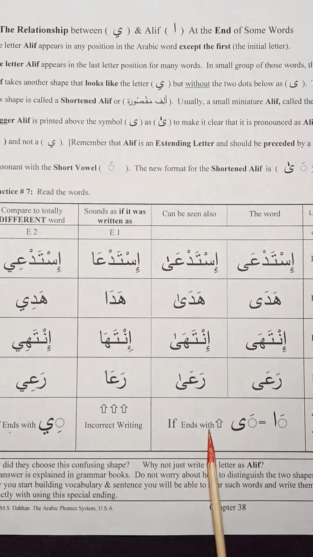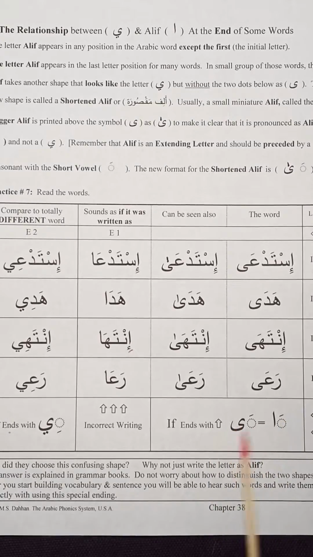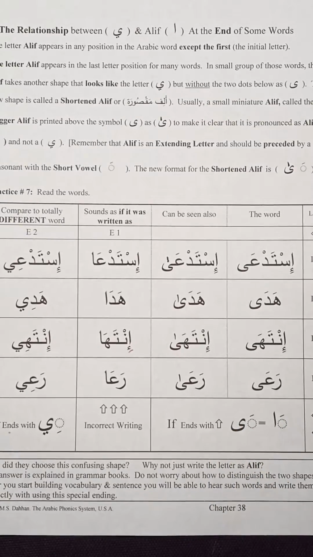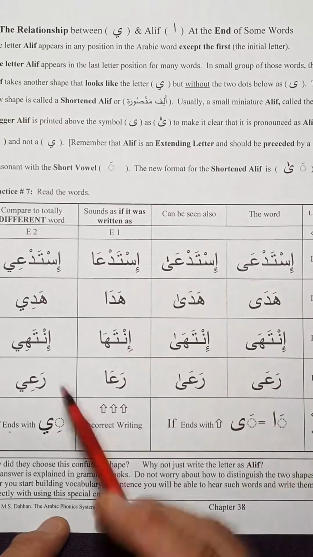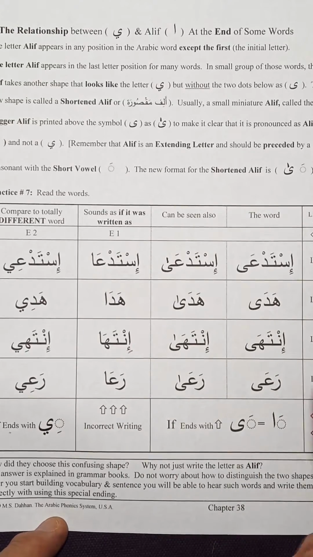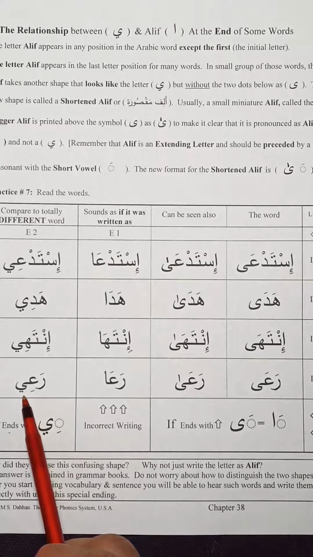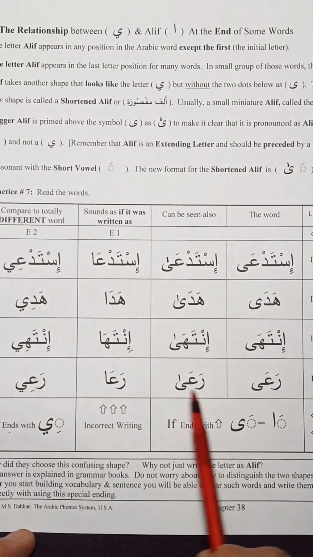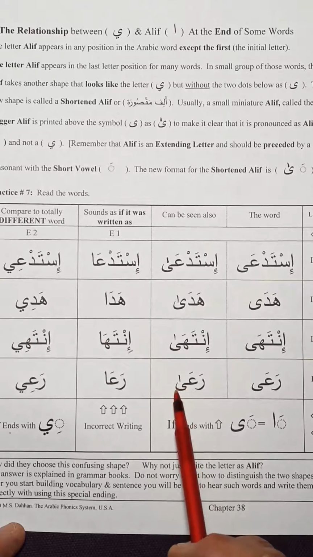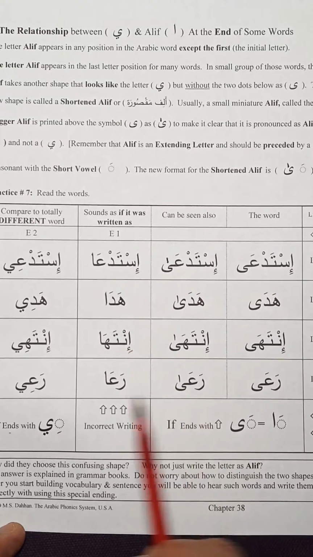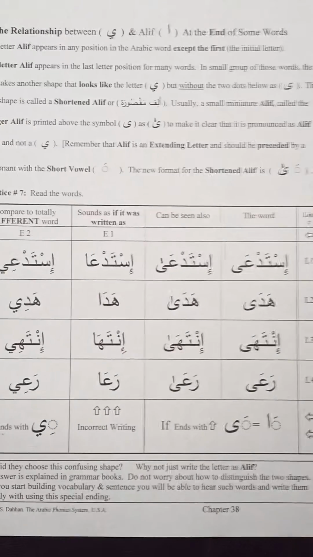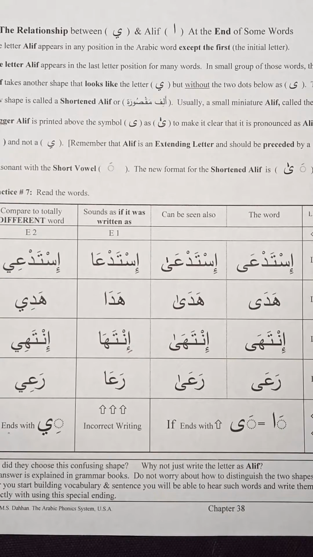If it ends with this, it should be here, then it's equal to that. Backwards. Okay, I need to fix that one also. You got the idea, right? So whenever you see something like that, it does not mean it's like this or that something is missing. Most likely we will show it to you like this, so you know it sounds like that. Got it? That's the point.